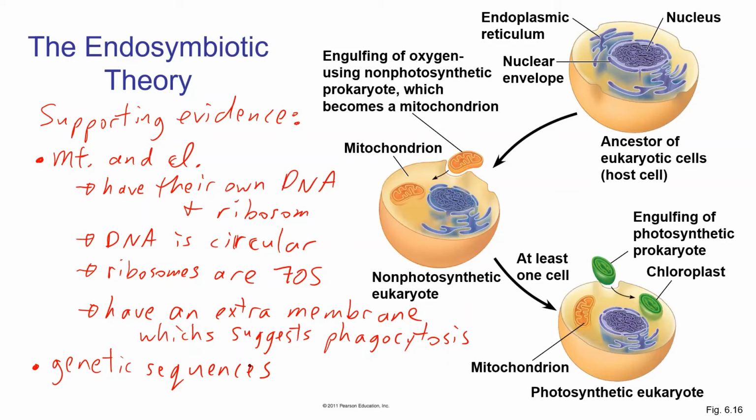And so that suggests a common origin anyway. So, endosymbiotic theory, very interesting, and it makes these organelles certainly a little bit more fascinating than some of the other ones. Make sure you know some of those things for the next midterm, because there'll probably be some sort of question about this on there.